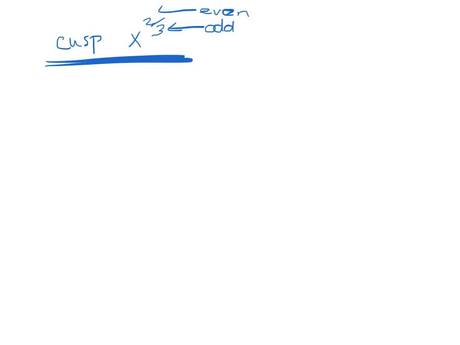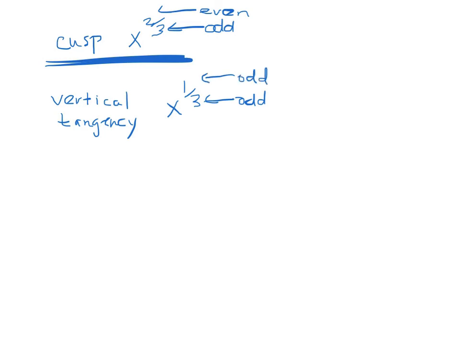A vertical tangency is when you have a fractional exponent and the bottom is odd and the top is odd. So when the top and bottom are both odd, that's when you're going to get your vertical tangency.